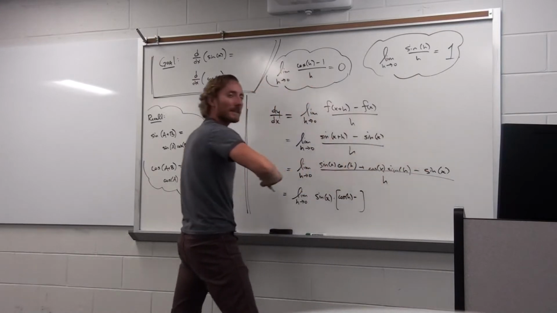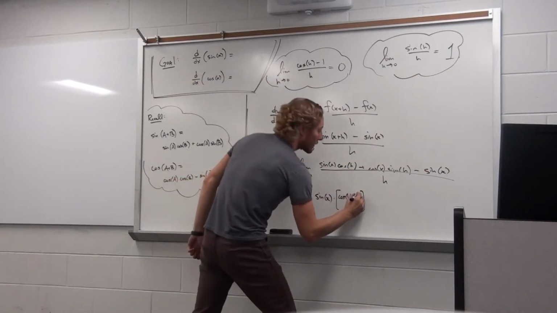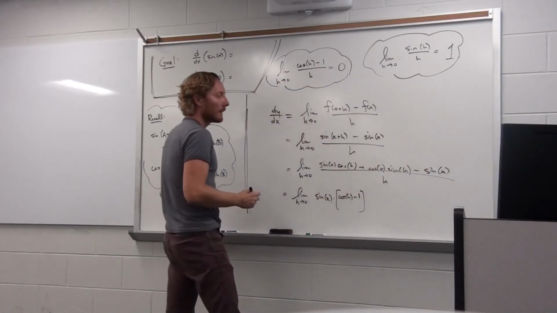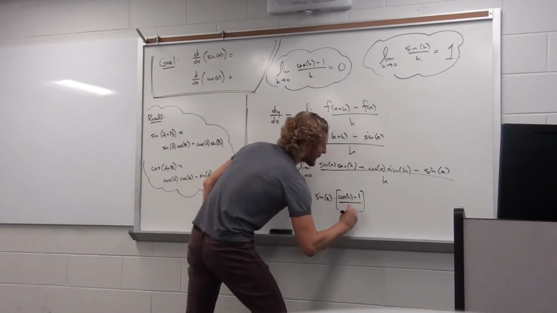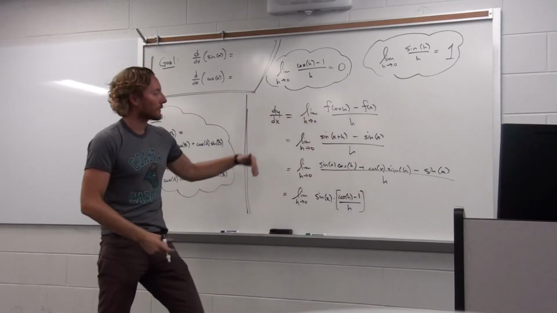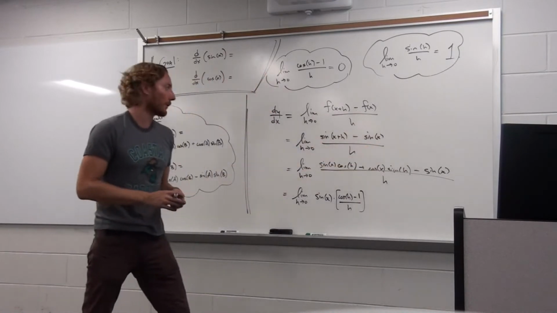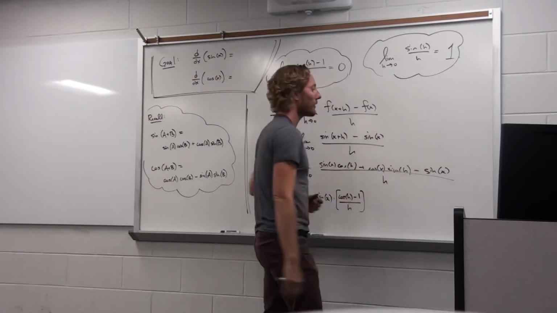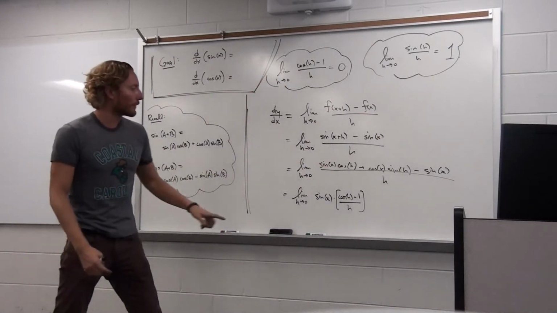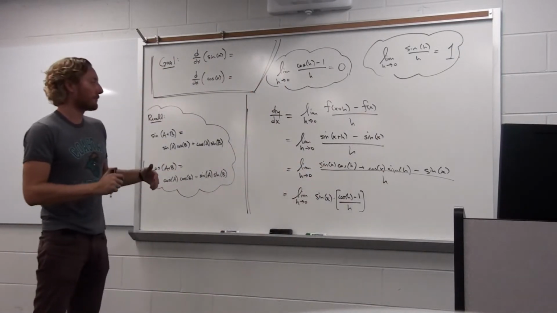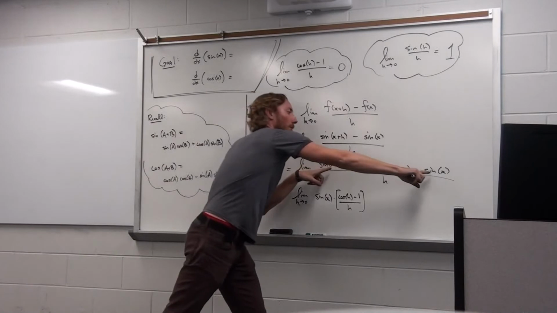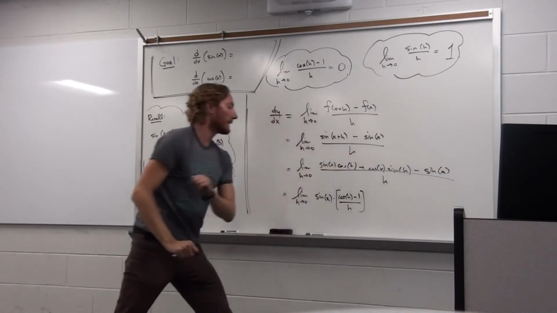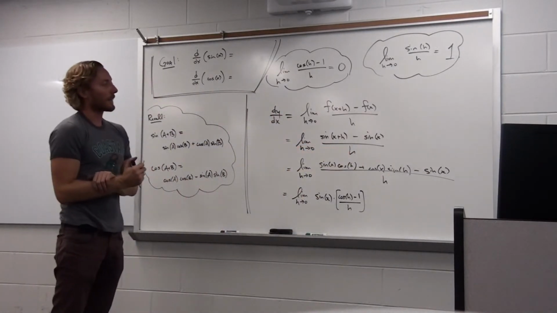You factored out a sine x from a sine x, which leaves just 1. And that's all divided by h. Note the h is downstairs. It's common among all three of these terms. Even if we think of this as the first term plus the second term plus the third term, all of these are fractions over h. So the terms that we're looking at when we factor out the sine x are still going to involve h in the denominator.